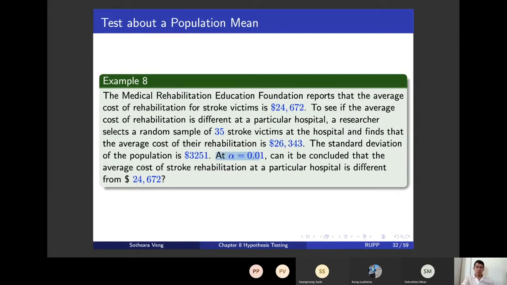And the standard deviation for the population is this one, and at this level we can conclude that the average cost of stroke rehabilitation at a particular hospital is different from this value.